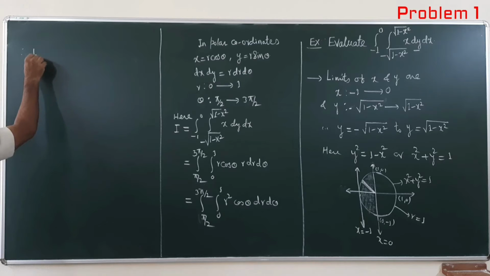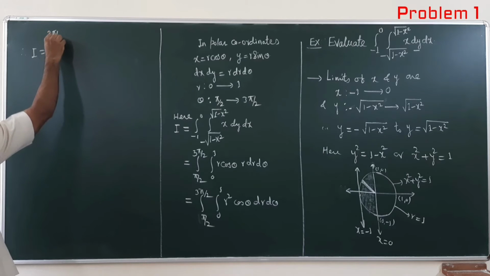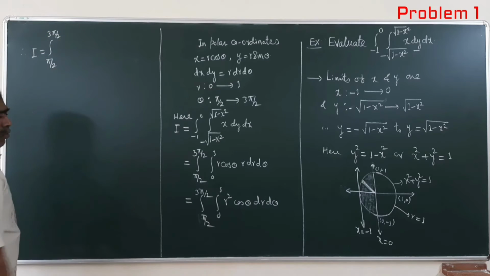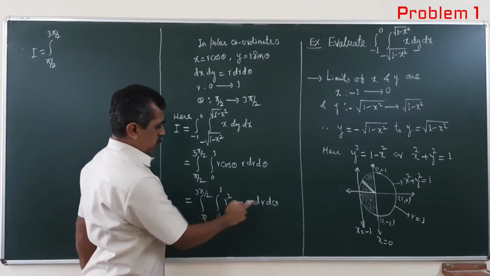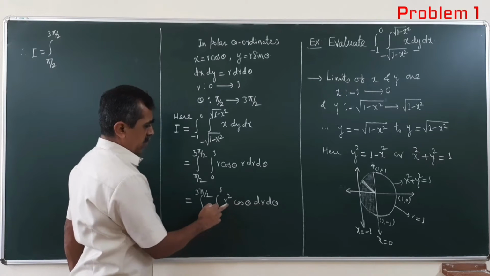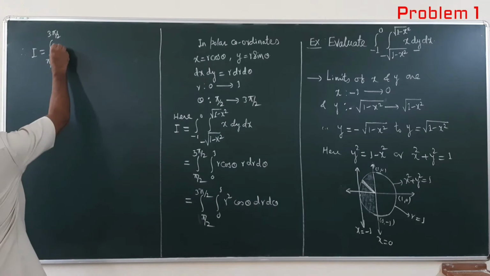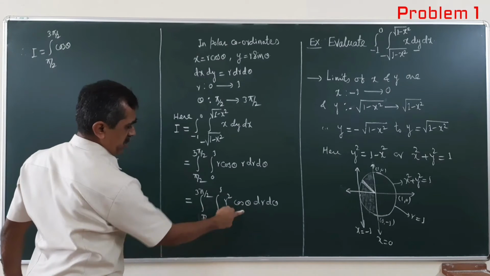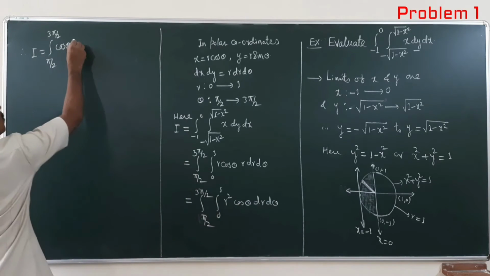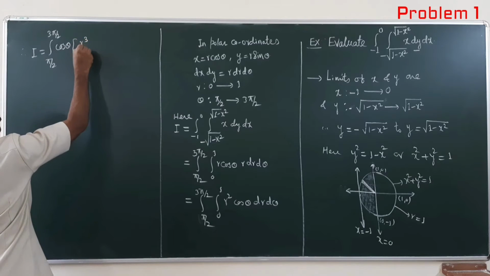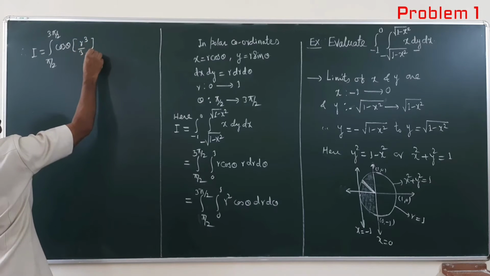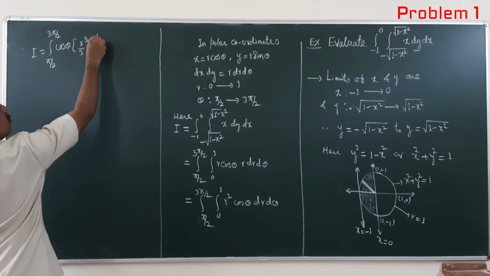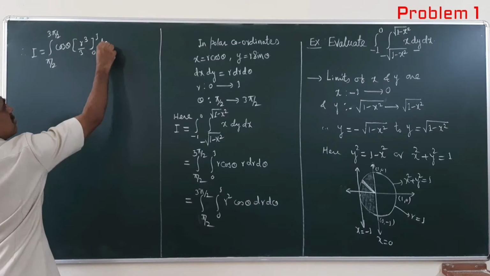Therefore I is equal to the integral from pi by 2 to 3 pi by 2. Now with respect to r, cos theta is our constant, so I will take cos theta outside, and the integral of r square is r cube by 3 over 0 to 1, d theta.